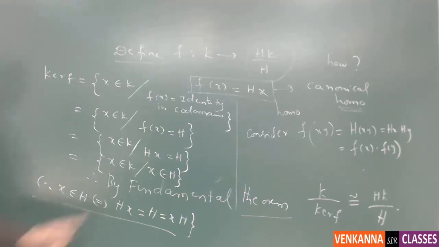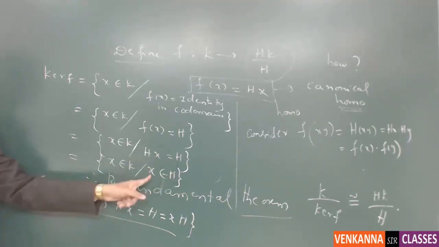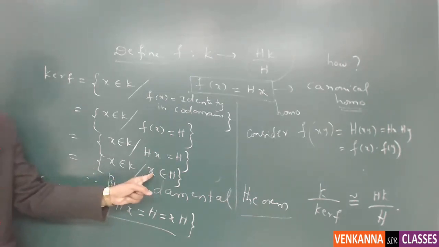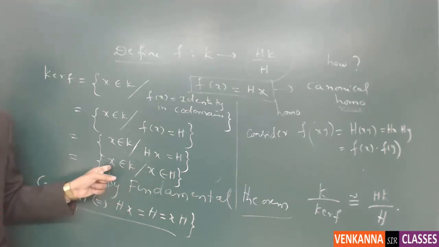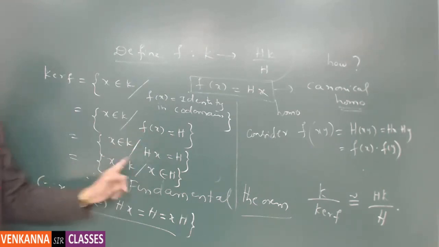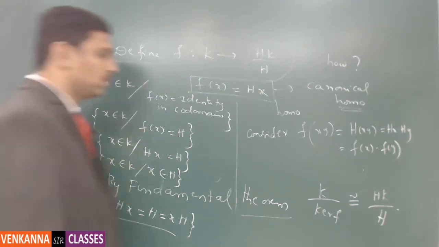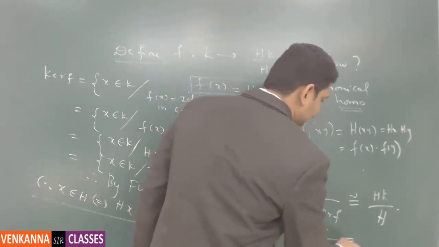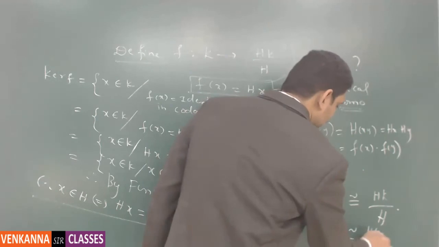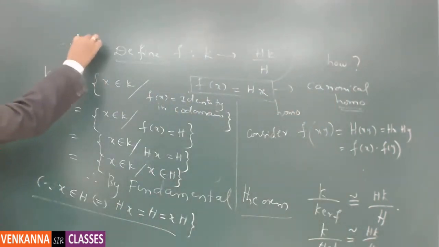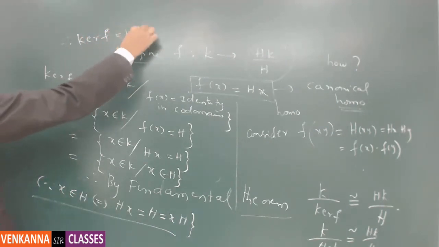As per that, since Hx is equal to H, from this you can write x belongs to H. So what did we get? x belongs to H and x belongs to K. So this element is common to both the sets, K as well as H. Therefore, this is nothing but H intersection K. Therefore, kernel F is nothing but H intersection K.